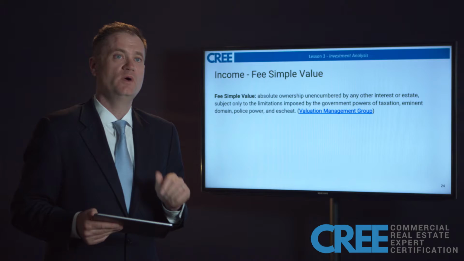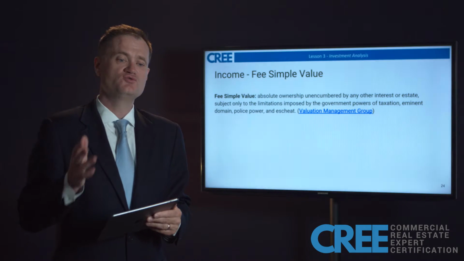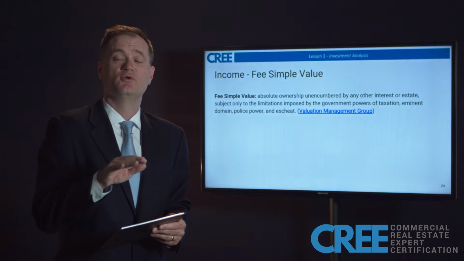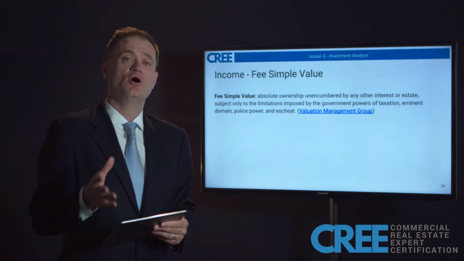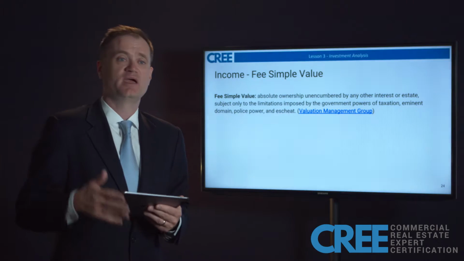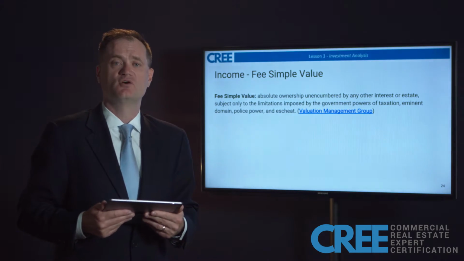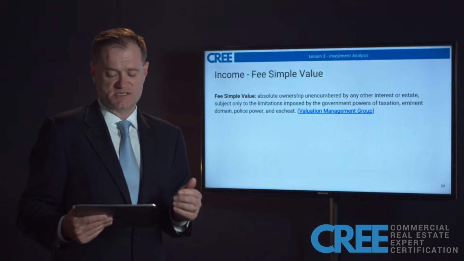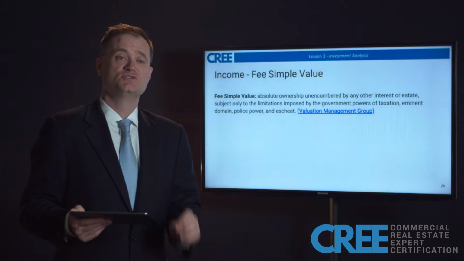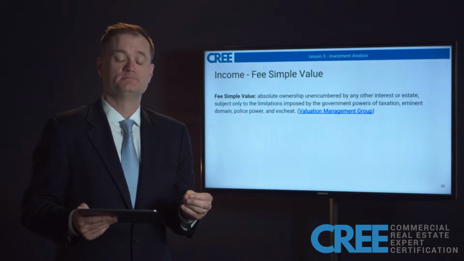When we are looking at the Knox Street apartment building, and if those rents in the potential gross income line item, the studio, the 2 bedrooms, the 3 bedrooms, we feel are all at market. We feel that the market would support those rents of $800 a month, $1,100, $1,800 a month, whatever those rents are. That would be considered a fee simple value because those rents are at the market. They're similar to what the market would bear.